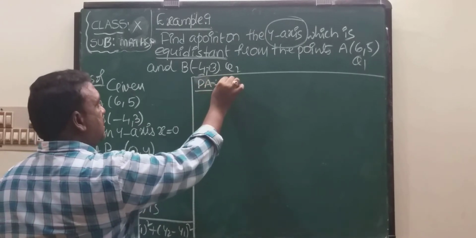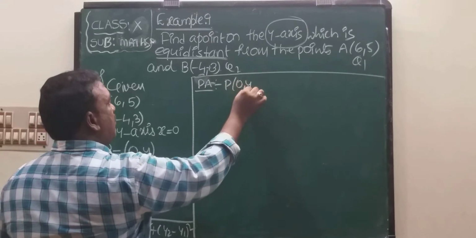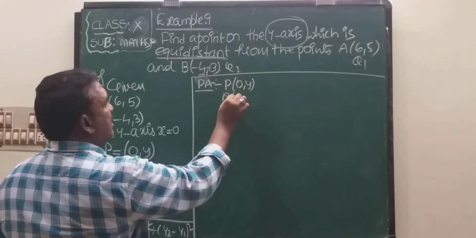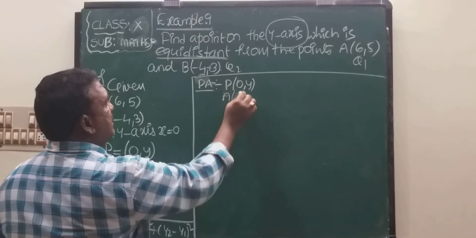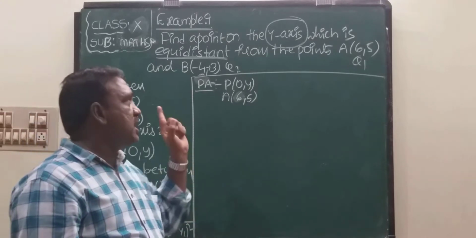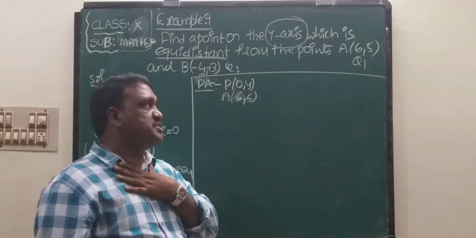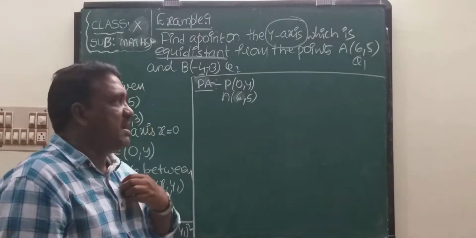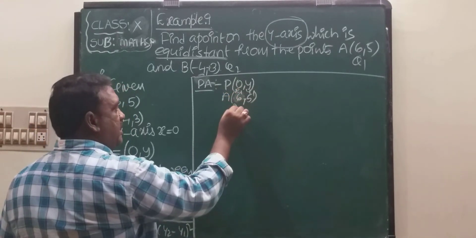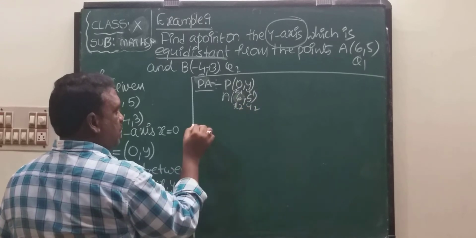What is P? (0, y). That is our assumption. A is (6, 5). Let us name the first point as x1, y1 and the second point as x2, y2.